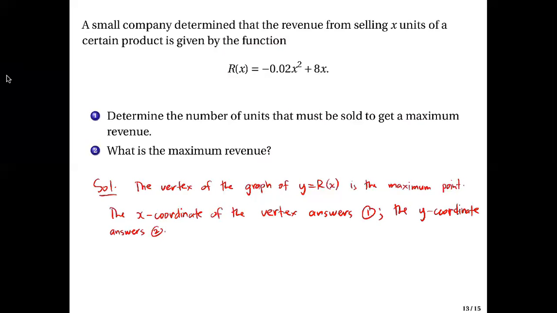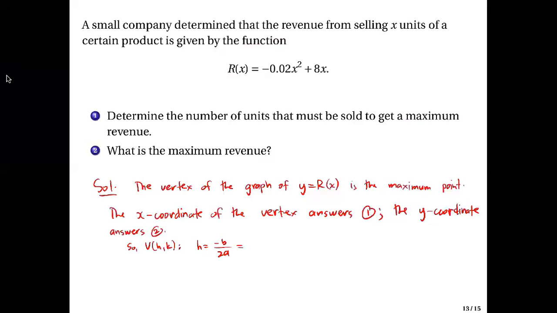So let's see. We have the vertex h comma k. We have h equal to negative b over 2a.